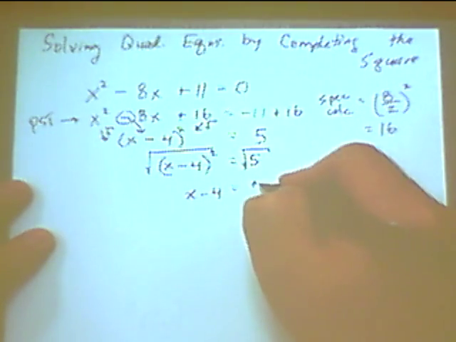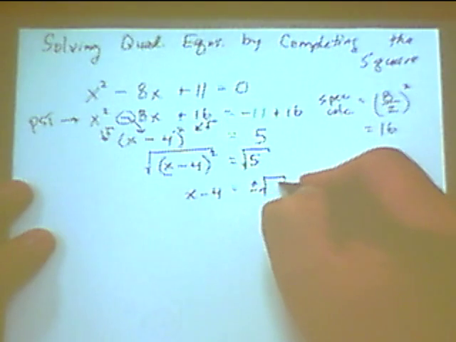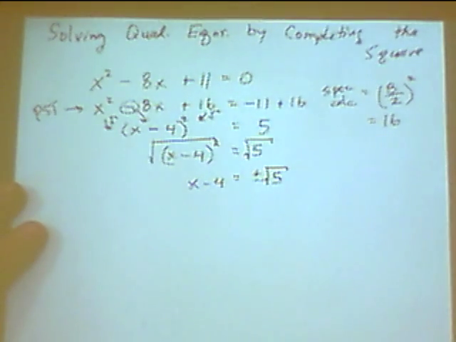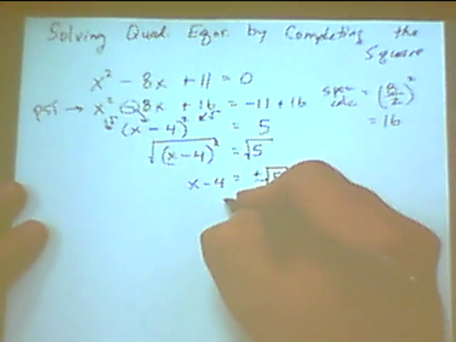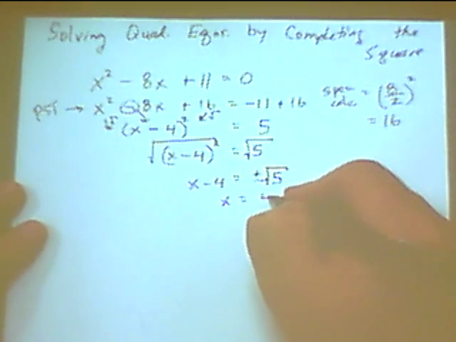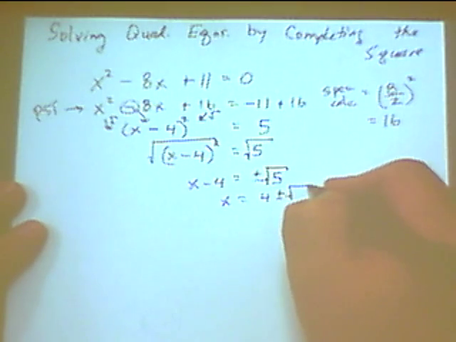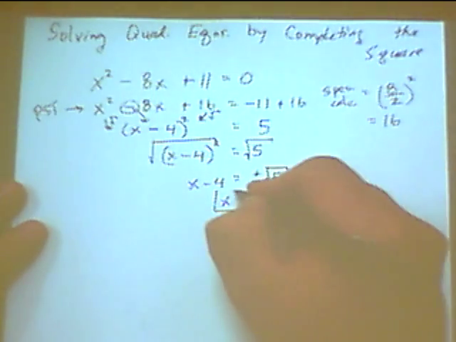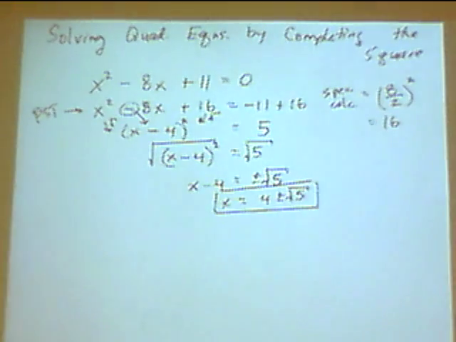On the right hand side we now have to include our plus or minus: plus or minus square root of 5. Now to solve for x, we simply add 4 to both sides. And now we have solved that quadratic equation.